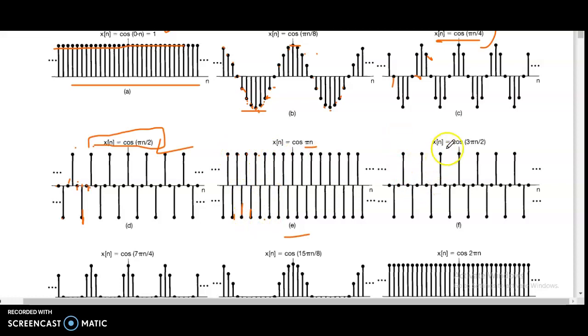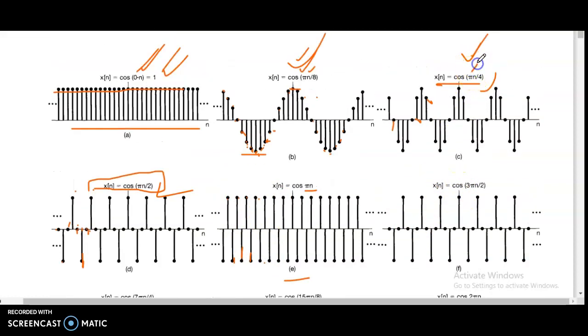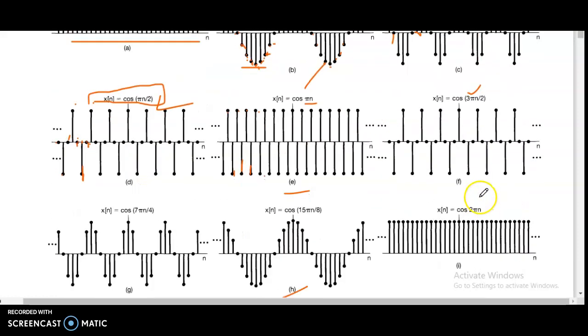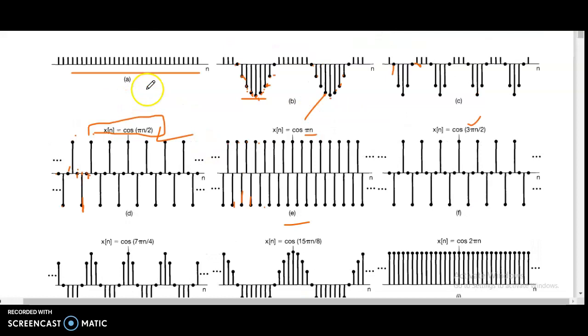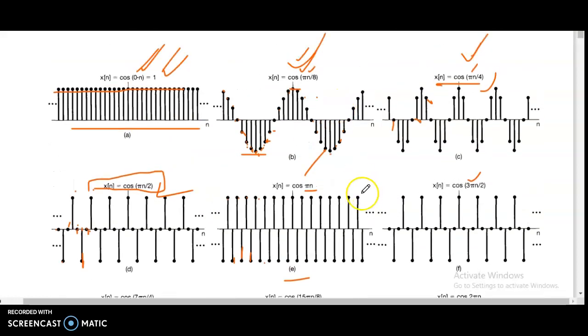So on. Here 2 pi, only pi finished, 1 pi finished. Now 3 pi added, 3 pi divided by n. Here only 1 pi n. So x of n equal to cos of 3 pi n divided by 2.